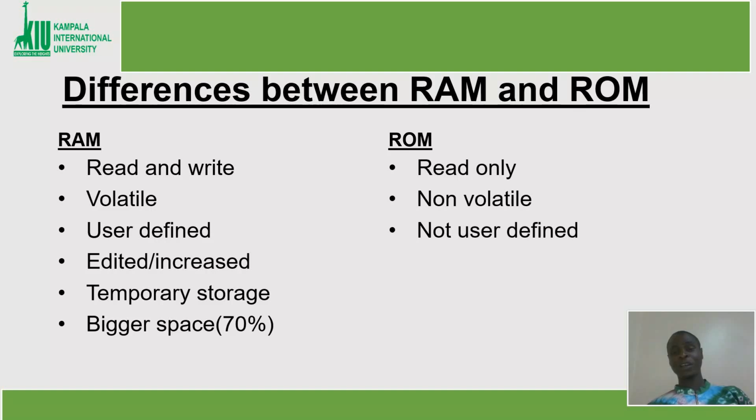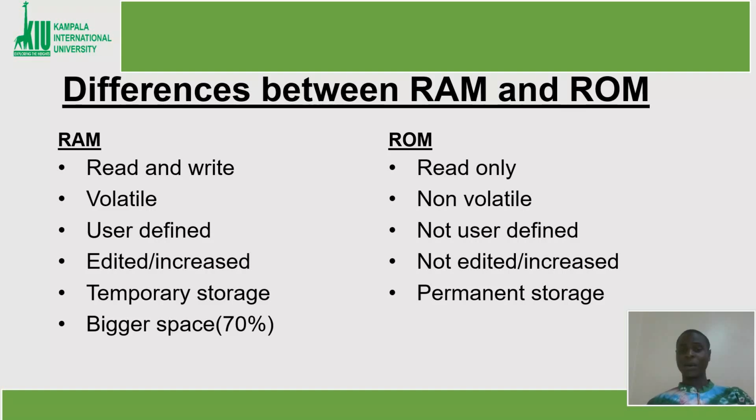Next, it is not user defined, which means its contents come from the manufacturer. ROM is not edited or increased, so you cannot add or subtract on the contents of ROM. It is a permanent storage device. Next, it has a smaller space, that is 30%.